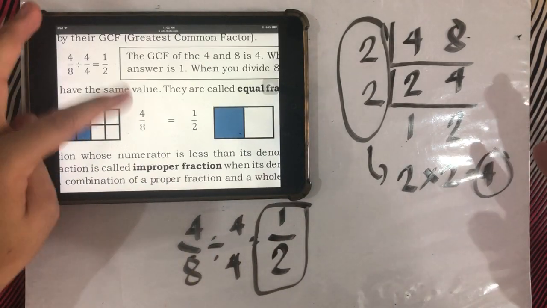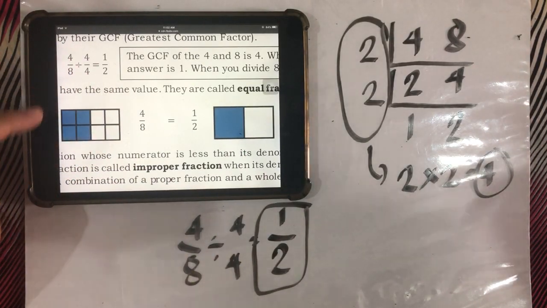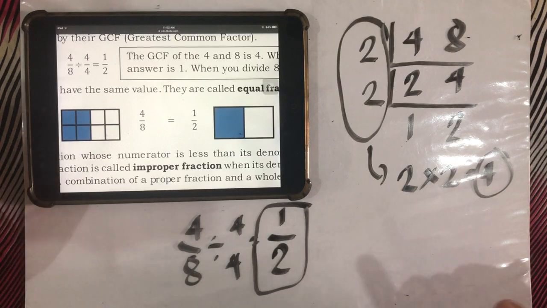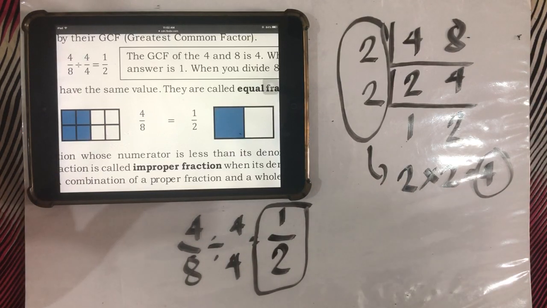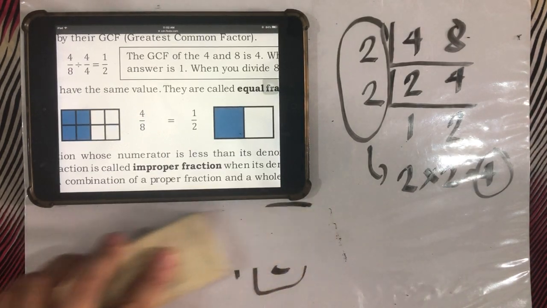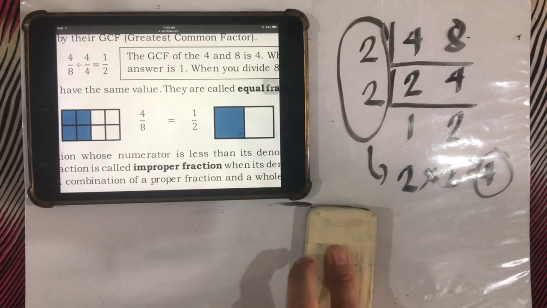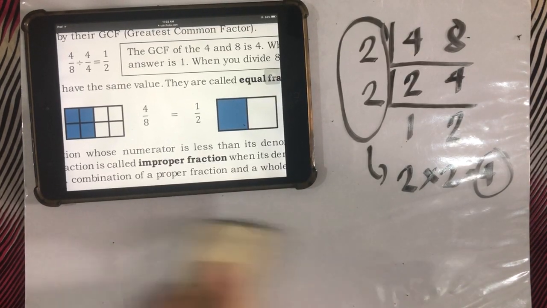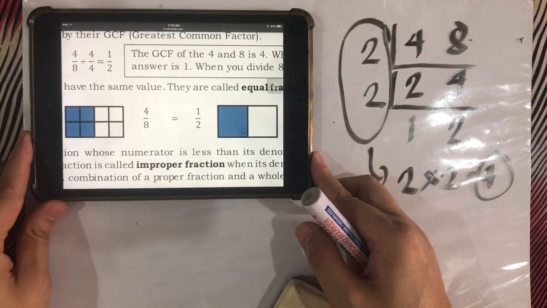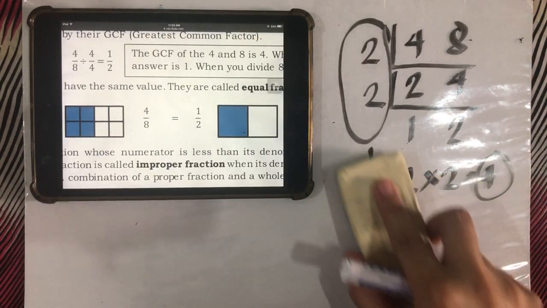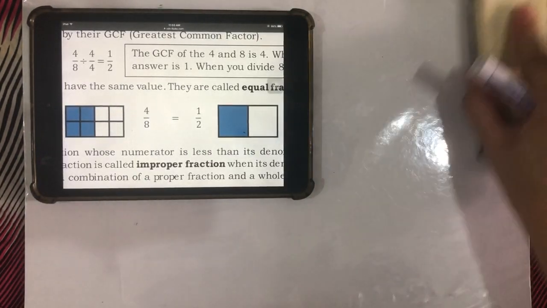Pero if we're going to look at the figures, parehas lang sila ng laki. Diba? That means they are equal. Okay? So, that's just about the GCF. Now, the good thing with math is that yung mga lesson na pinag-aralan before ay nagagamit sa mga succeeding lessons. Okay?